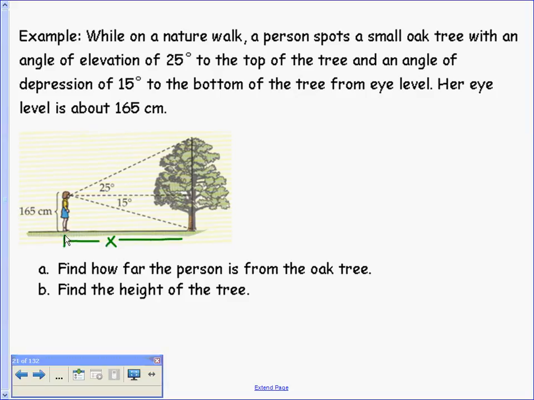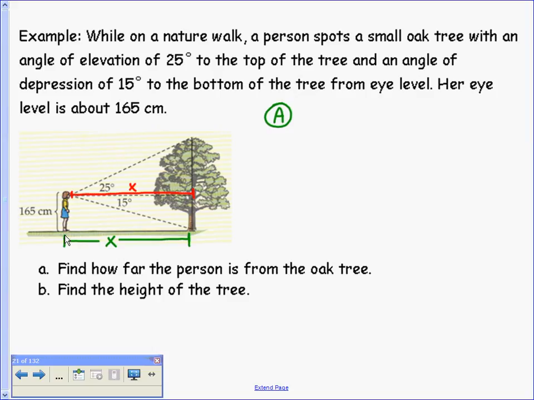So the first thing is to find out how far the person is from the oak tree. Let's say that is our x value, and let's work on that part A first. We've got our 165. What we need to understand is that if that is x, then this length here in red is also going to be the same as that x.